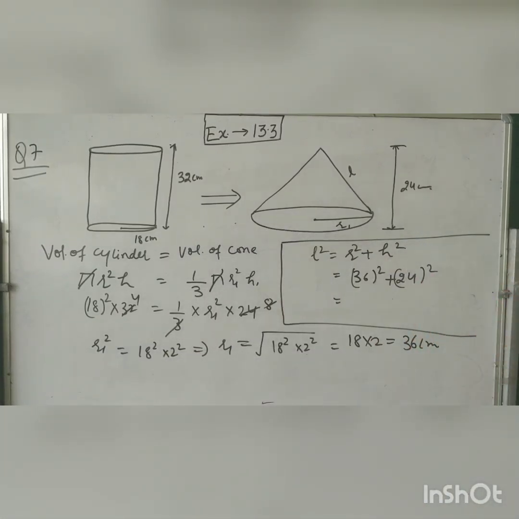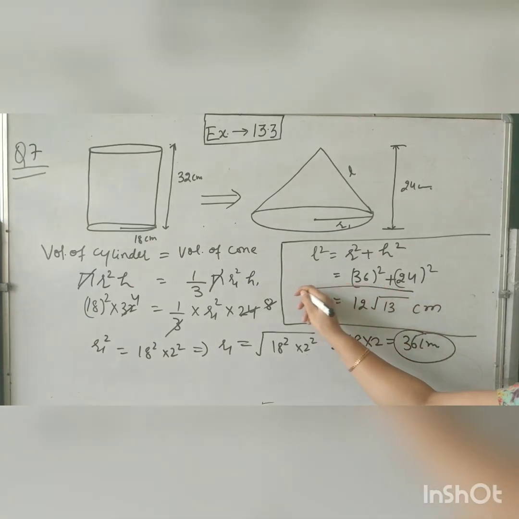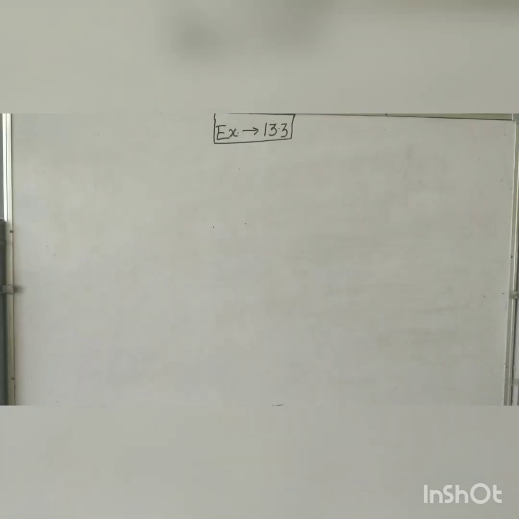If you calculate it, you will get slant height is 12 root 13 centimeter. Therefore, radius of cone is 36 centimeter and slant height is 12 root 13 centimeter. That we have to find in this question. It is a very simple question.